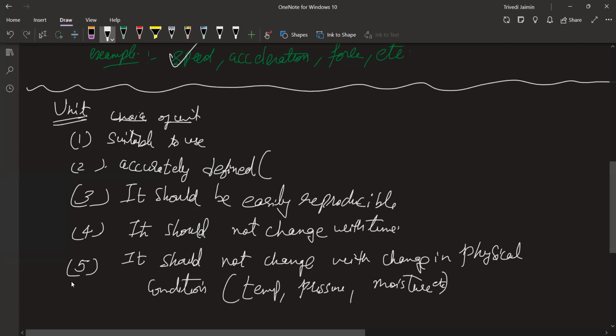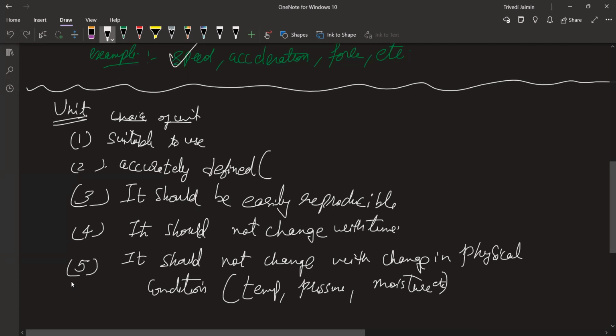Will they change with temperature, pressure, or moisture? Will the distance unit, meter, convert to seconds if I apply temperature or pressure? No, right? That means we have applied proper units.